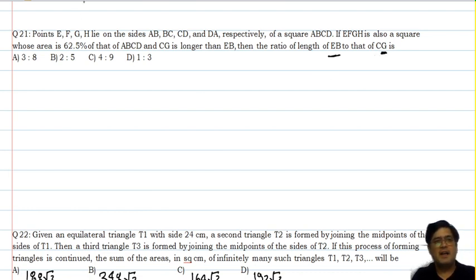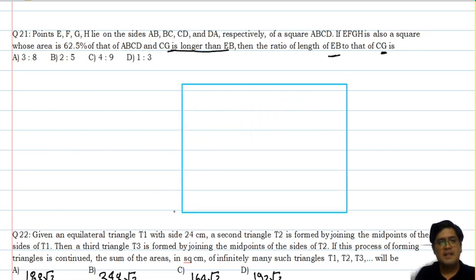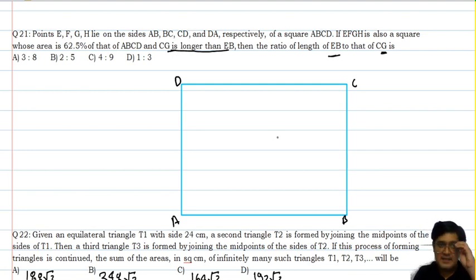Now, I think there is some hint hidden here about the longer side. Let me start with the plotting of the square. This is our square. In this square, I am going to plot another square, A, B, C, D. The area of the inner square is 62.5% of the area of the outer square.